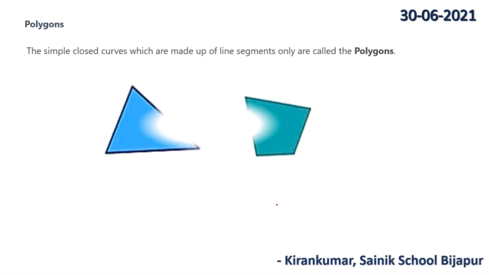If 3 line segments are there, it forms a triangle. If 4 line segments are there, it forms a quadrilateral. So, depending on the number of sides or the number of line segments it's made up of, we give names to the polygon.